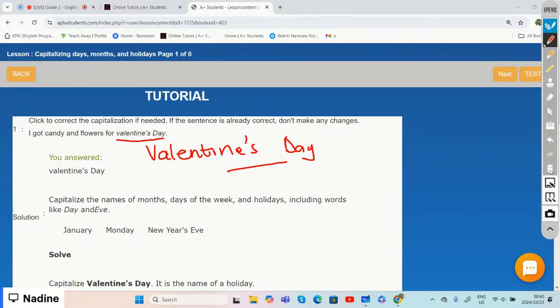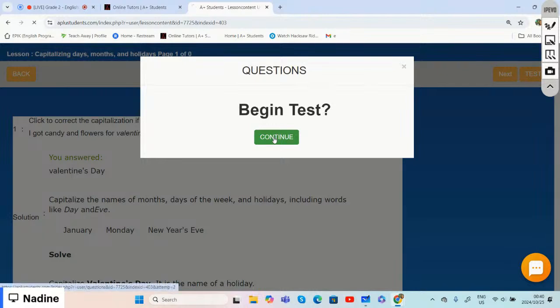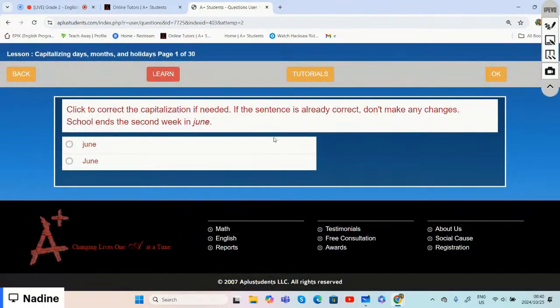All right. So now we're going to our test where we are going to capitalize days of the week, months of the year, and holidays. Yes, Valentine's Day is correct. Well done. All right, now it says school ends the second week in June.